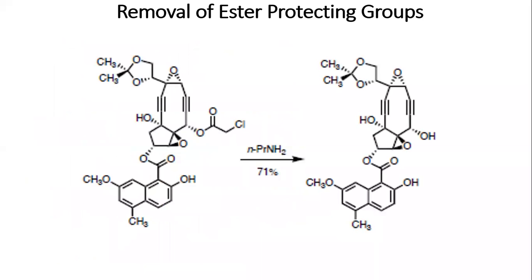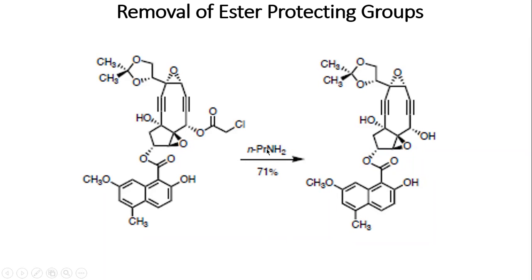Protecting group chemistry is very important to an organic chemist who's doing total syntheses. Very important. And again, right here you can see the selective removal of the chloroester to give you this alcohol in the presence of an epoxide, and also in the presence of this diol that's also protected as an acetal, and another epoxide here.